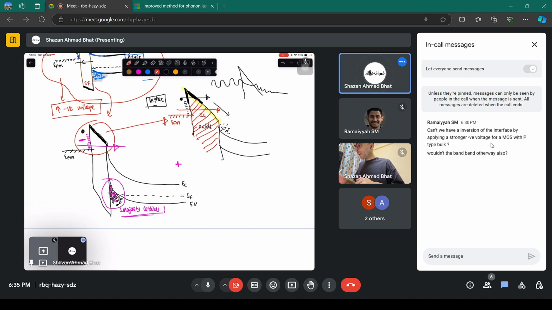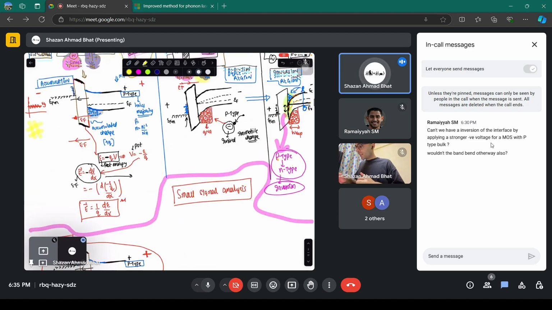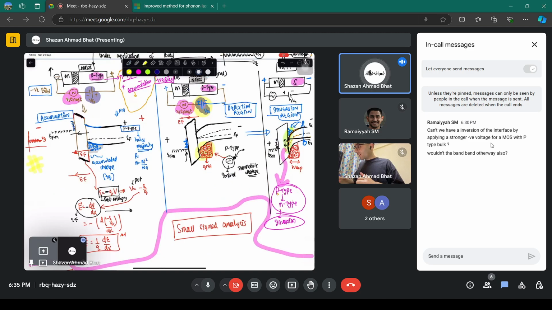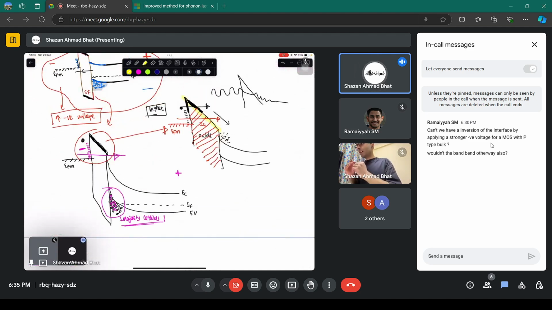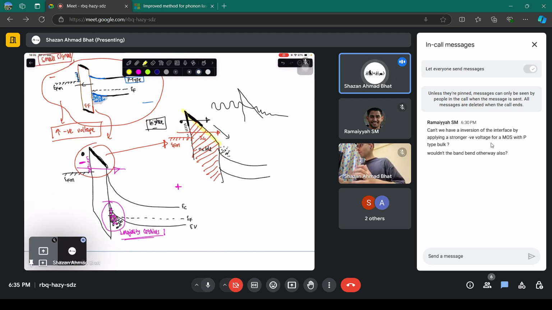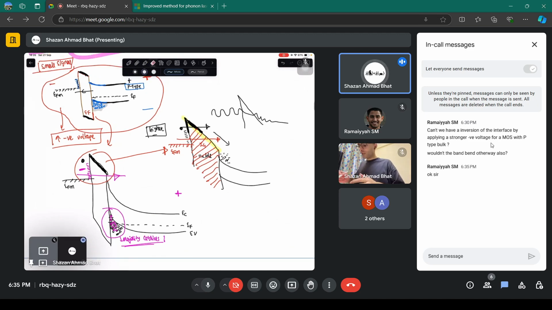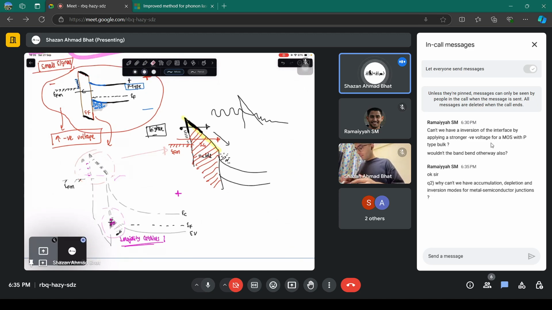You just want the charges to get induced. You don't want the charges to flow. Otherwise, all of the field effect action is lost. Hope that answers your question. But it was a good thought. So let me remove this.